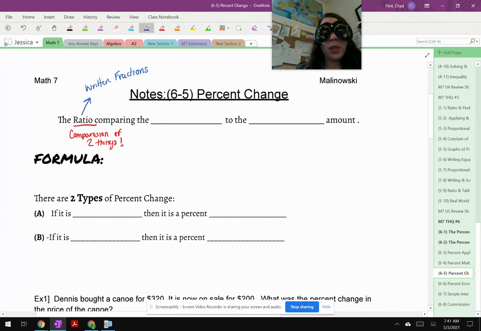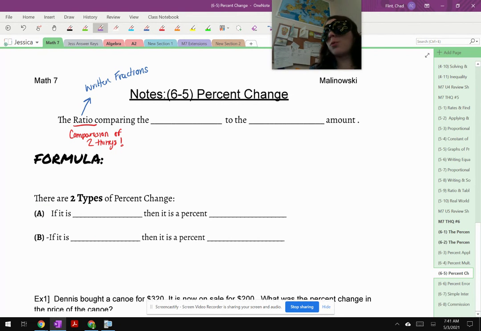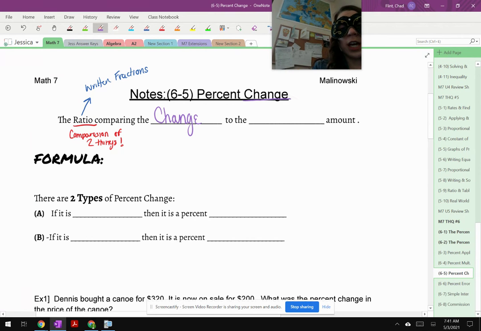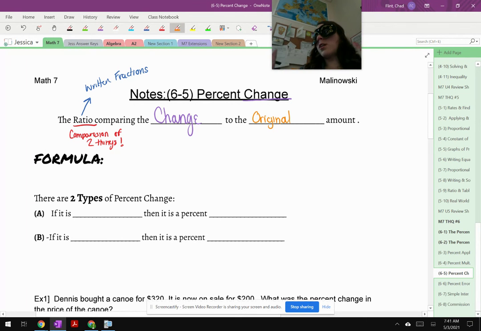So it's simply just a ratio comparing the change, hence the title percent change, to the original amount. It's comparing the change to the original.